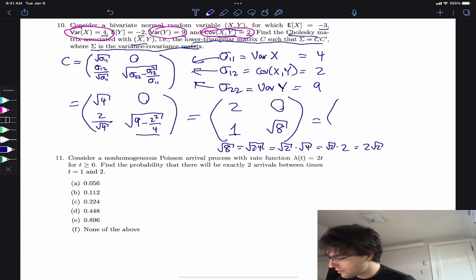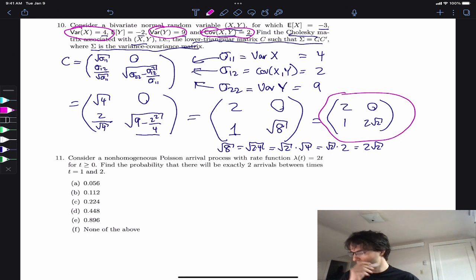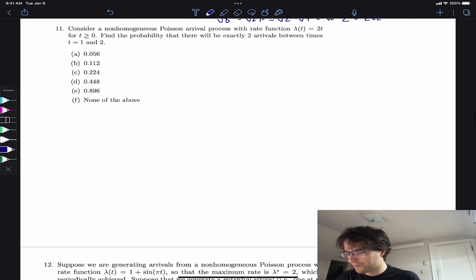So the matrix is 2, 0, 1, and then 2 square root of 2. That's the answer that Dr. Goldsman has in the test, and that's our answer for that one. It's really a straightforward problem. Moving on.